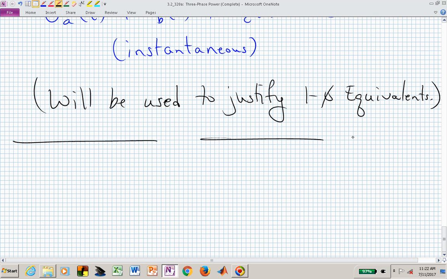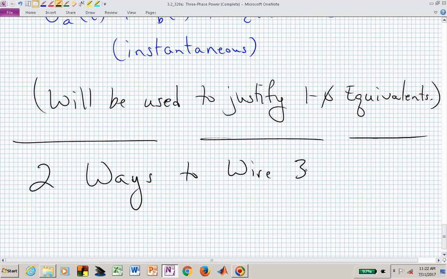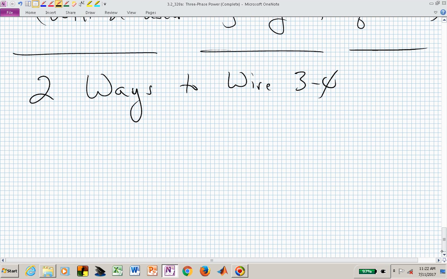Now, what we want to talk about is the way that we connect these sources, the A phase, the B phase, and the C phase, in your source network, and then we'll talk about the load network. We're going to show the two different ways that we can wire a three-phase set of voltage sources.